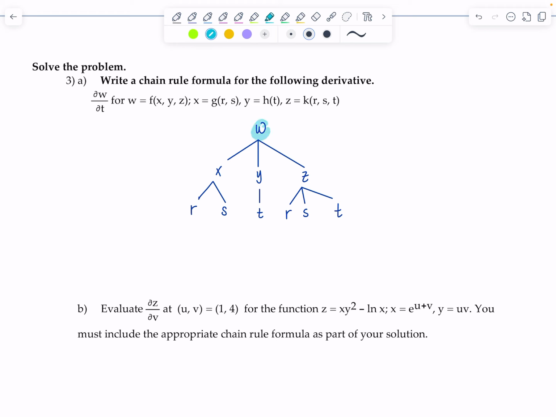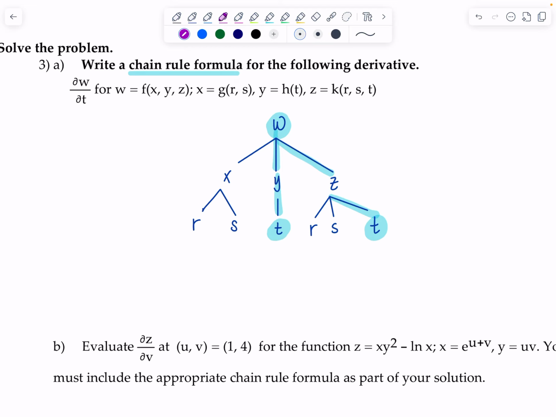So W starts up here. Then at the very bottom, I see two branches that end with t. So to find the appropriate chain rule formula, you just start at W, top of the tree, and then follow the branches down. You multiply as you go down the branches, and then you add when you go from one branch to another.